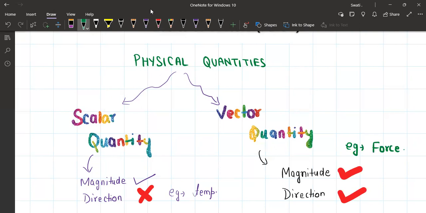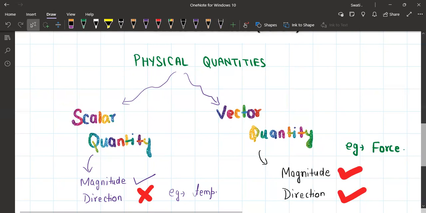But that has a direction. We apply force towards north, south, east, west, or you can also say towards bottom, towards up. So whenever we are talking about force, we are always talking about magnitude as well as direction. We have to be very specific about its magnitude as well as its direction. That is why force is categorized as a vector quantity. I hope the difference between scalar quantity and vector quantity is very clear.